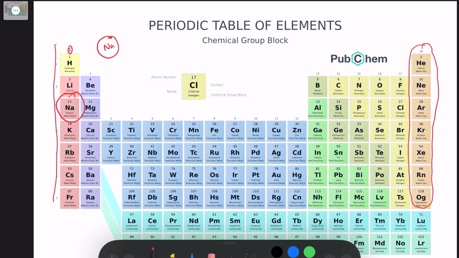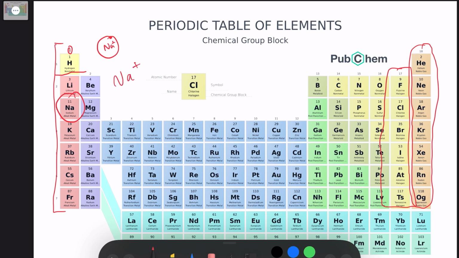So elements in this group are typically trying to give away an electron, with the exception of hydrogen. Hydrogen doesn't really have much to give away, it only has 1. The metals in this group are trying to give away their electron, whereas the nonmetals in this group, the halogens, are trying to get an additional electron. So when sodium has an oxidation number of +1, it's losing an electron.